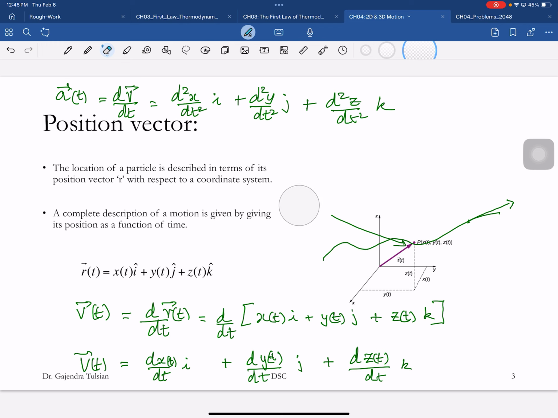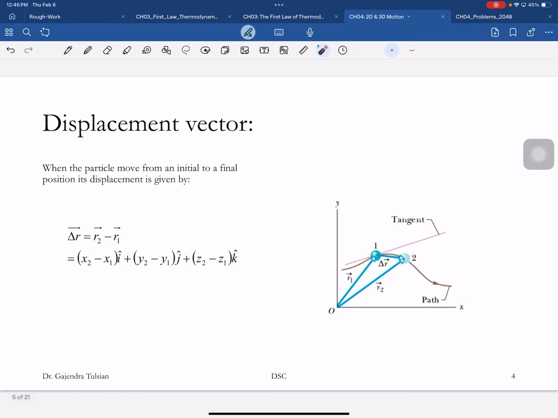So you give its position with respect to a coordinate system. And then when you're describing the motion, you're giving me these three functions. A complete description of the motion is given by its position as a function of time. So in 3 dimensions, you need 3 functions. In 5 dimensions, how many functions do you need? 5.